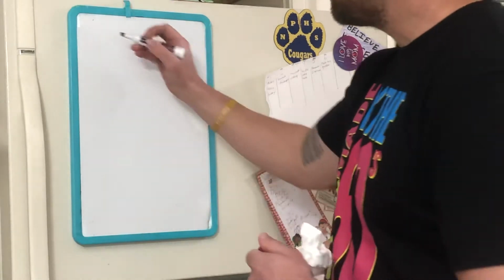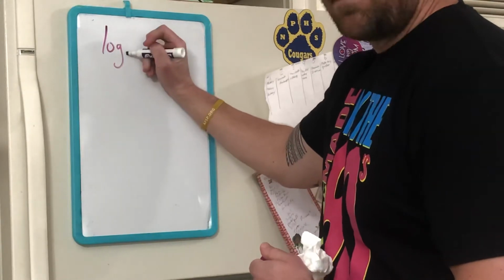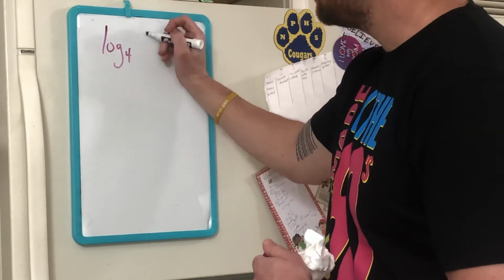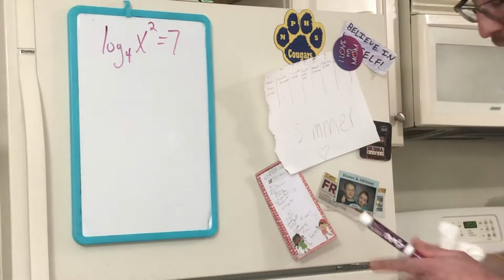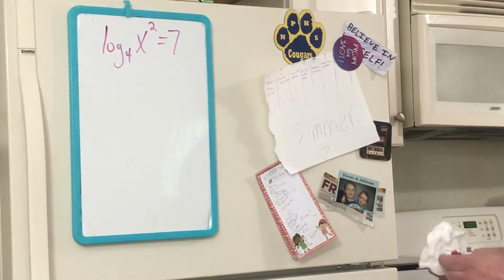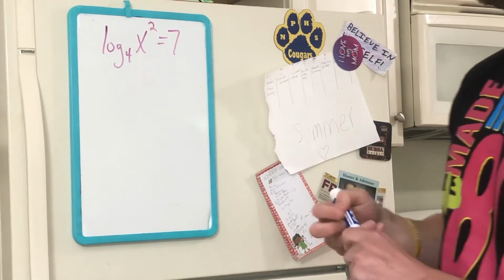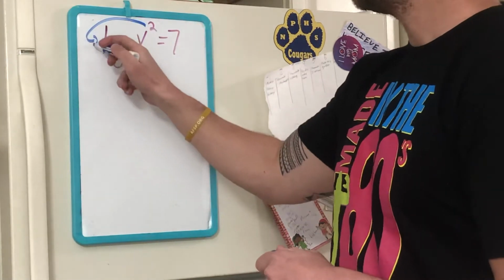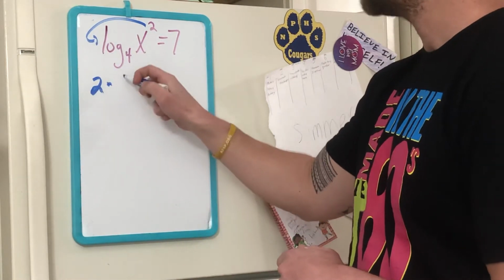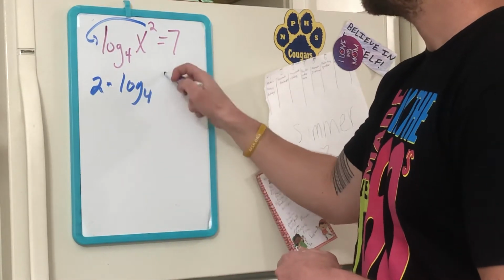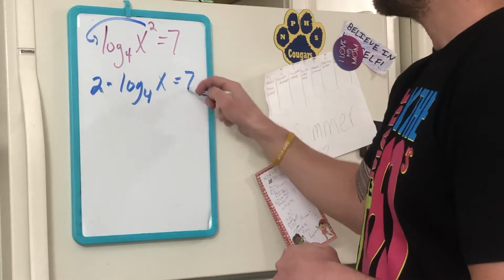Okay, another one. So log base 4 of x squared equals 7. Another thing we learned last week was that when we have an exponent, we can put it in front, so that's multiplication. So 2 times log base 4 of x equals 7.